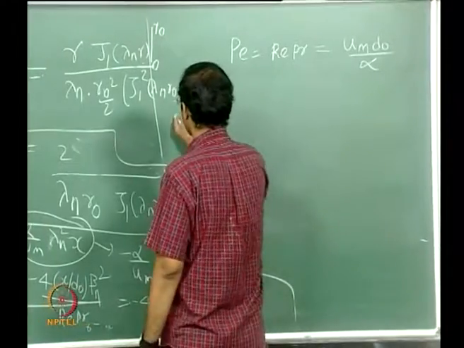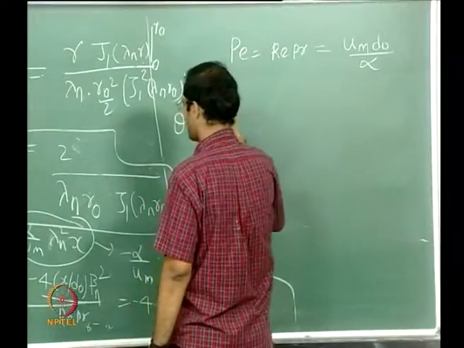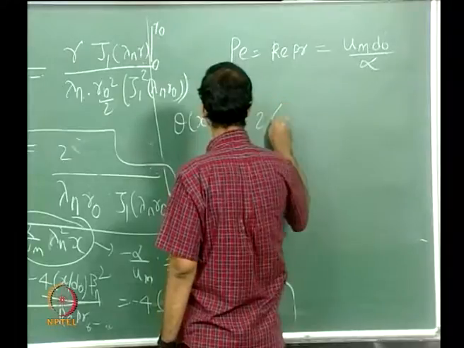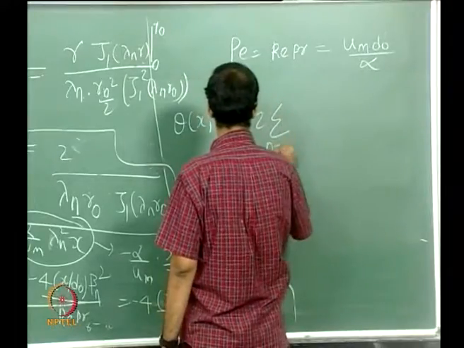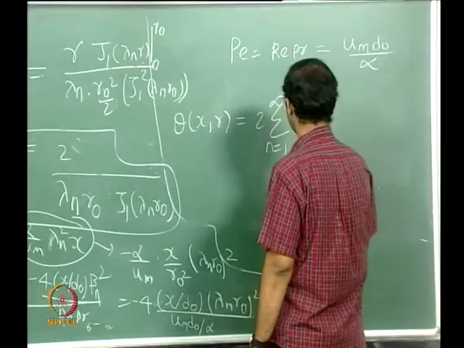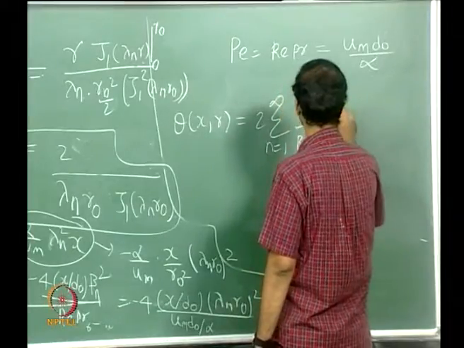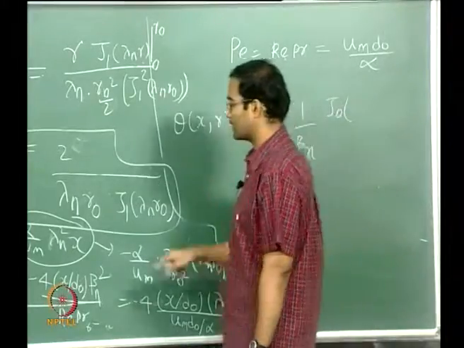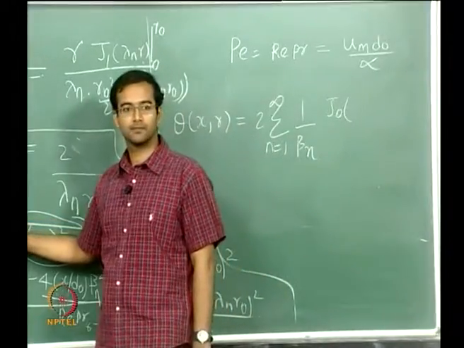Therefore in terms of the non-dimensional form, you can describe your theta as twice the sum over n equal to 1 to infinity of 1 by beta n, J naught. Now how do you write this? Lambda n r.